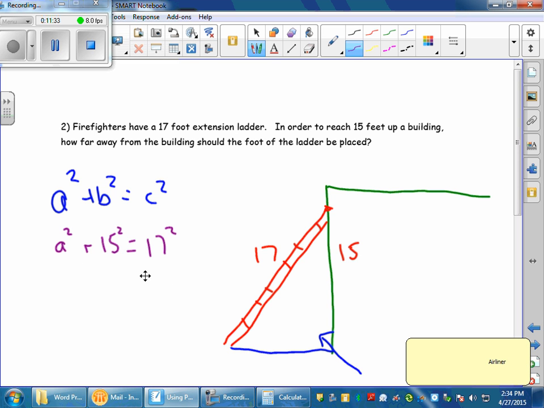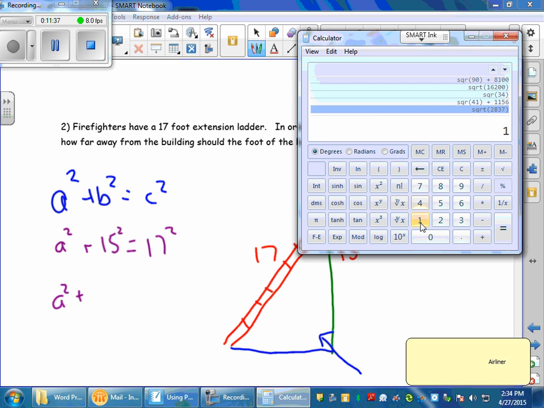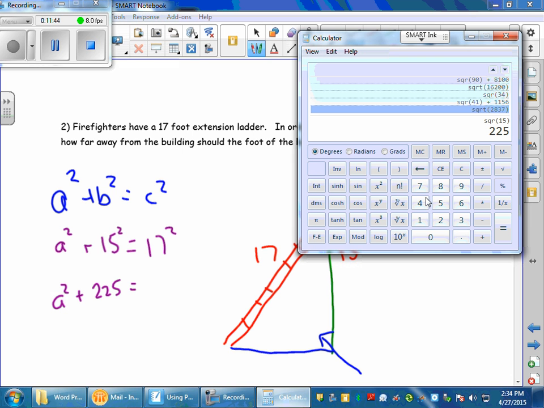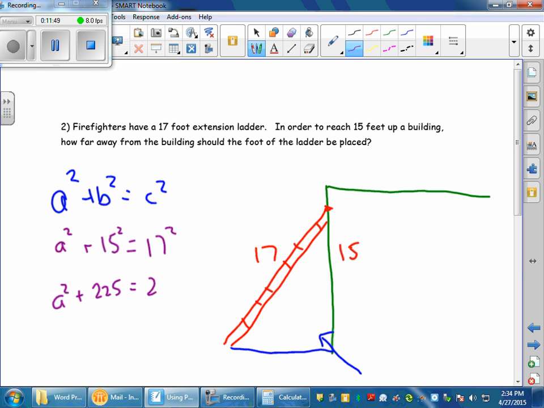So let's solve this now. a squared plus 15 squared, no idea. 225 is equal to 17 squared, 289. Now obviously all I'm doing is solving an equation, so let's drop our line down.